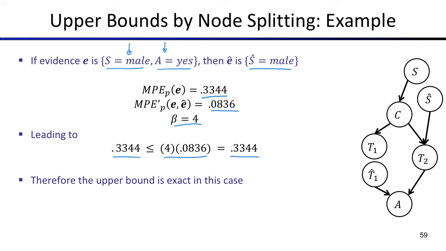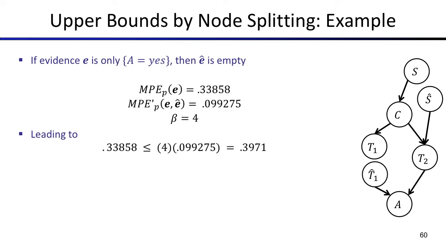Let's take a look at another example. Here we have only one piece of evidence: A equal yes. As A was not cloned, E hat is going to be an empty set. In this case, the MPE probability is this guy here. The MPE that we got in the cloned network is this guy here, and beta is equal to 4.